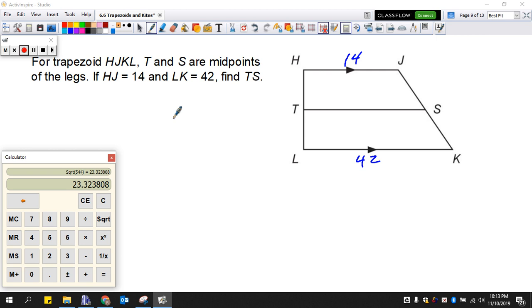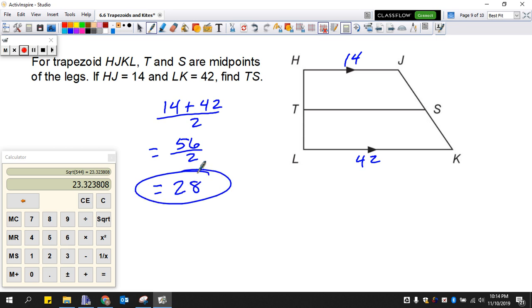So we got 14 plus 42 divided by 2, which is equal to 56 divided by 2, and half of 56 is 28. So that's the length of TS.